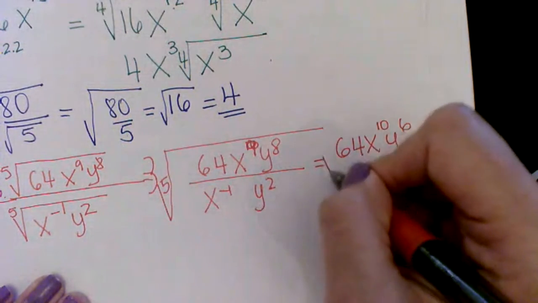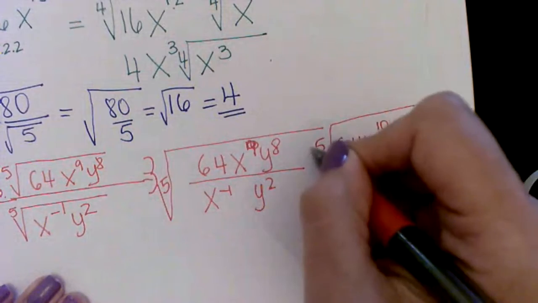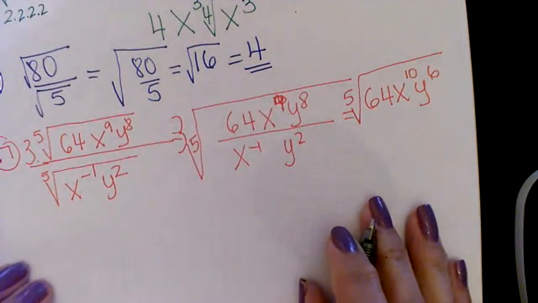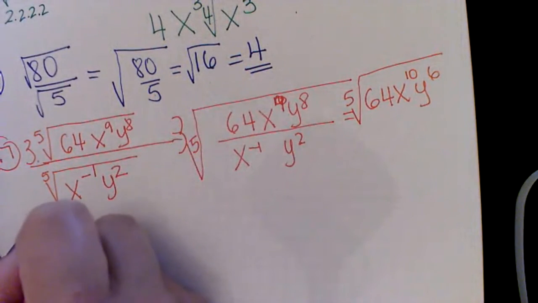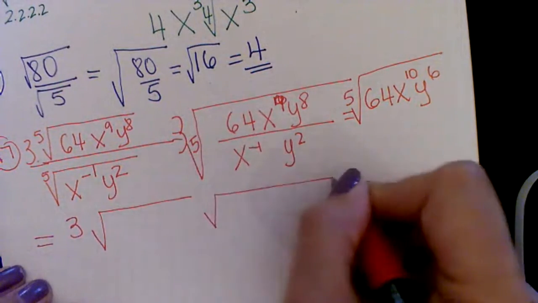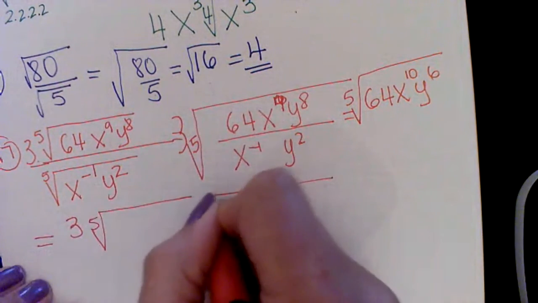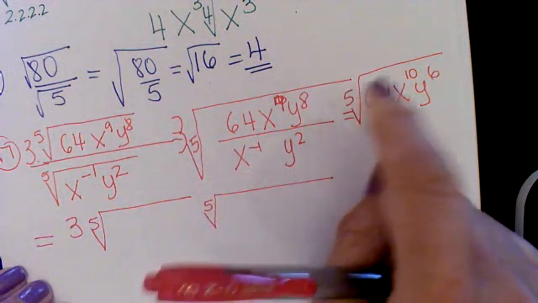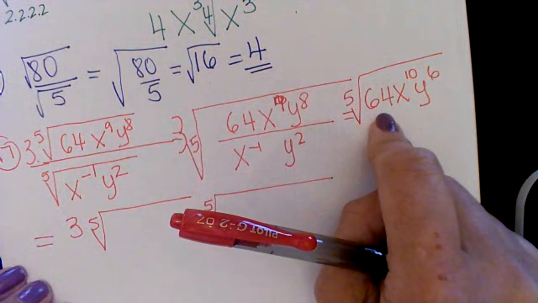Okay? And I'm multiplying by 3, all of this. So my answer is going to be 3. I'm going to have 1 here and 1 here, 5th power and 5th power. 64. We know the 5th.